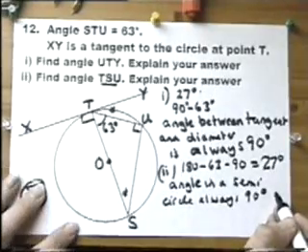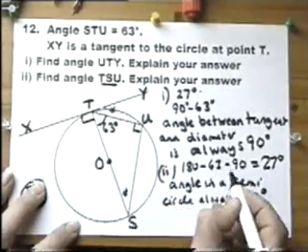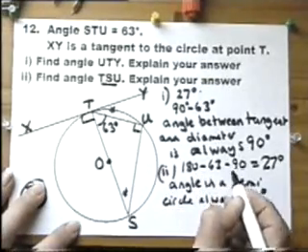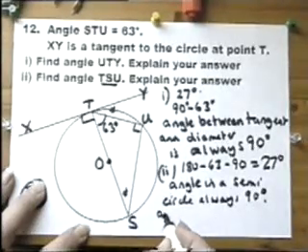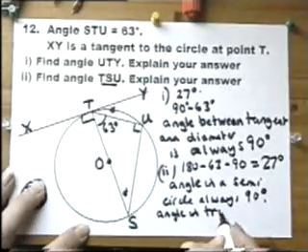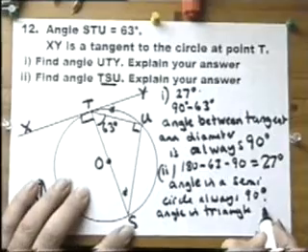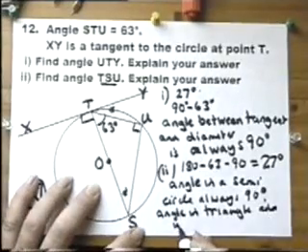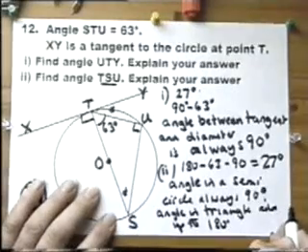Angle in the semicircle is always 90 degrees, but I did also use an angle fact about the angles of a triangle adding up to 180. So, and angles in a triangle add up to 180 degrees.